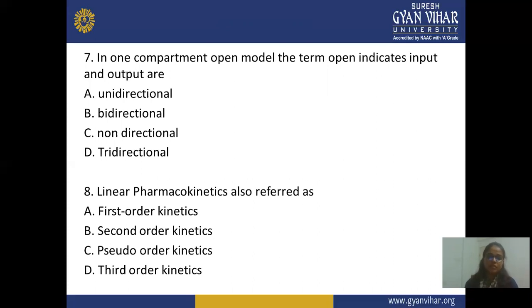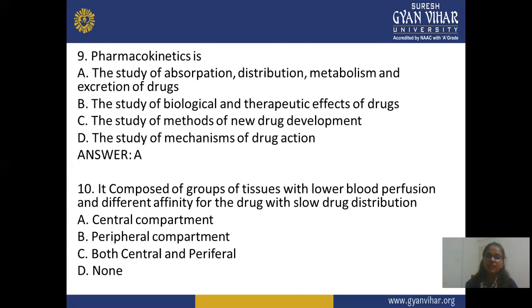The next, eighth question is linear pharmacokinetics, also referred to as linear pharmacokinetics. If you know this, then you can answer this question according to different kinetic reactions. A is first order kinetics, B is second order kinetics, C is pseudo order kinetics, and D is third order kinetics. Next is the ninth question.